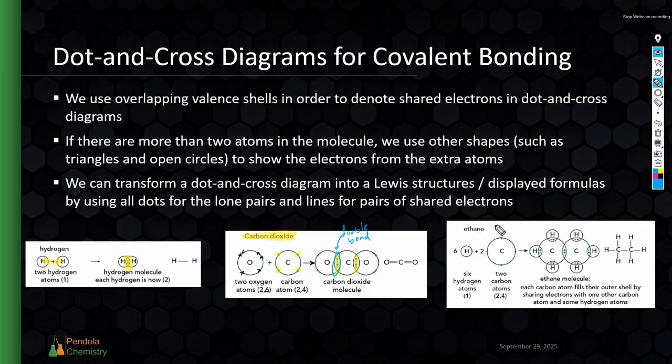And then here with ethane, which has 2 carbons and 6 hydrogens, again, we can see how each carbon has the dots to represent the electrons that came from the carbon. So dot, dot, dot, dot. Carbon has 4 electrons. Hydrogen has X's, 1 X each, because again, hydrogen being group 1 has 1 valence electron.